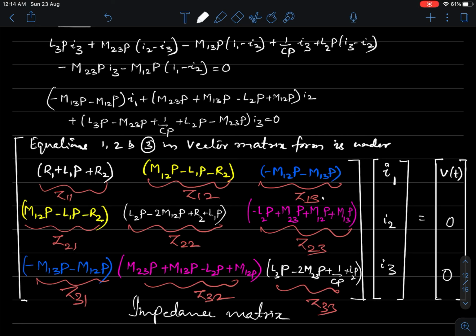If you look at this, it is very clear by inspection. Z13 is equal to Z31, Z12 equal to Z21. You see, slowly, term by term match. Then Z23 is equal to Z32.